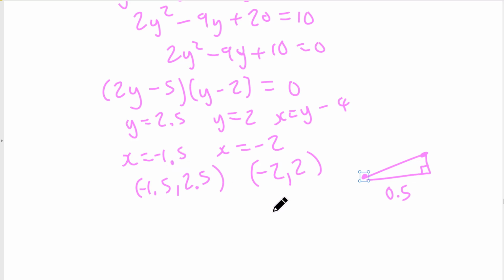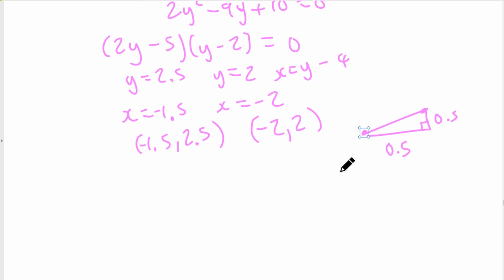And the height is from 2.5 to 2, so that's 0.5. So this is the longest side. We're finding the hypotenuse. So we've got to find out what 0.5 squared add 0.5 squared is, and square root that all for the answer.